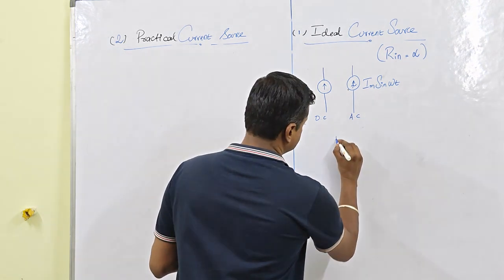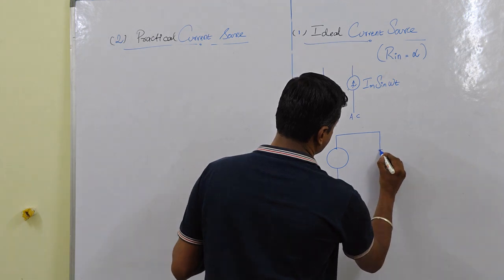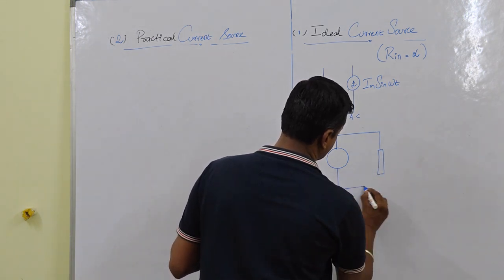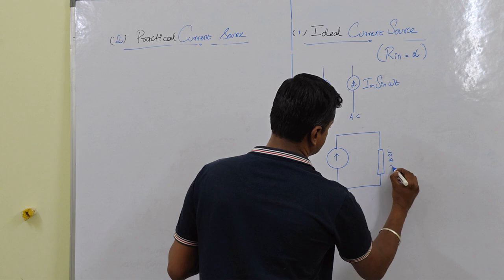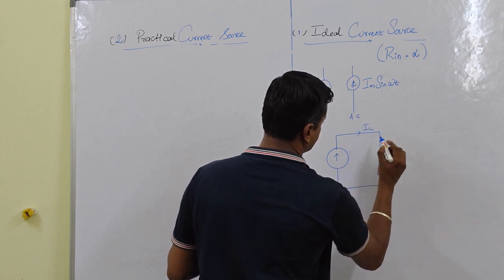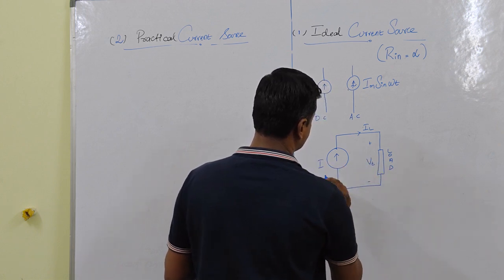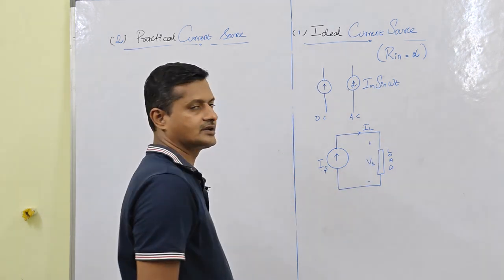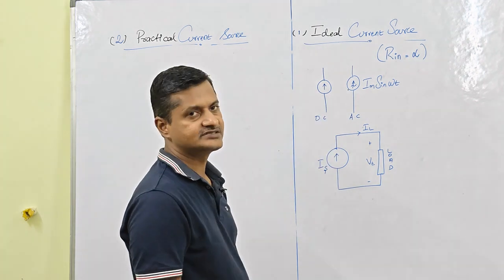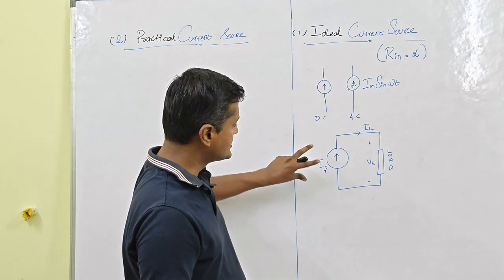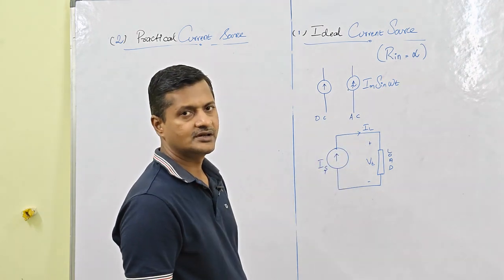To the source we connect a load. The current through the load is the load current IL, and the voltage across it is V. The source current is Is, and the internal resistance is infinite, so it is in parallel with the source. This is a series circuit, so whatever current the source delivers is the load current.